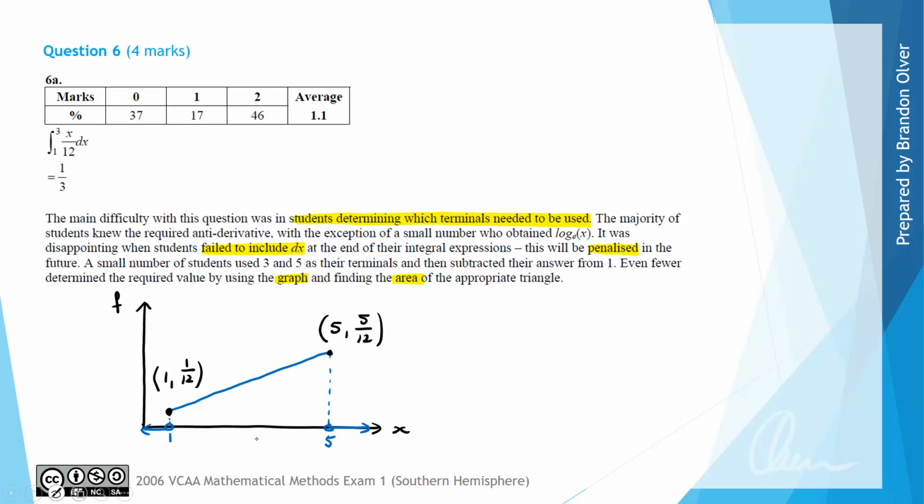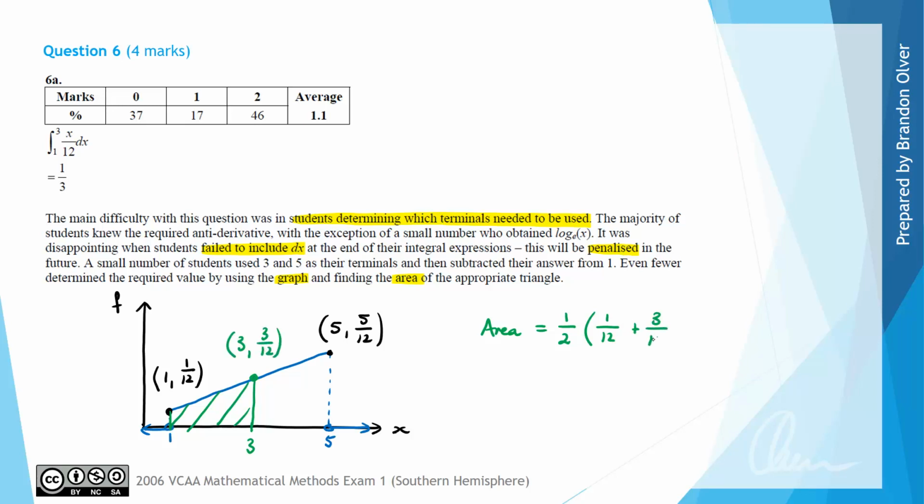Now it was asked for the probability less than 3, which equates to this shape here, which is a trapezium, and finding the area of that. The area of that trapezium is equal to a half, and then we add the two parallel side lengths, which is 1 on 12 plus, and this point here would have coordinates 3, 3 on 12.